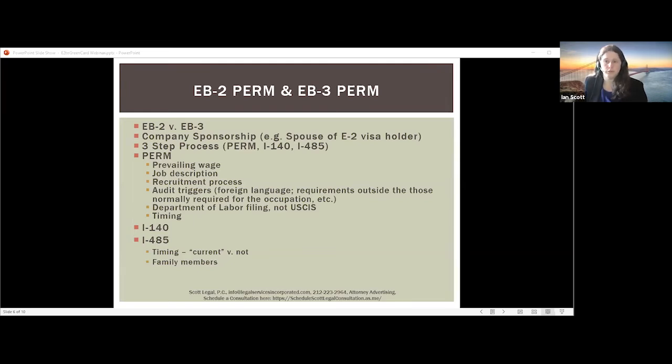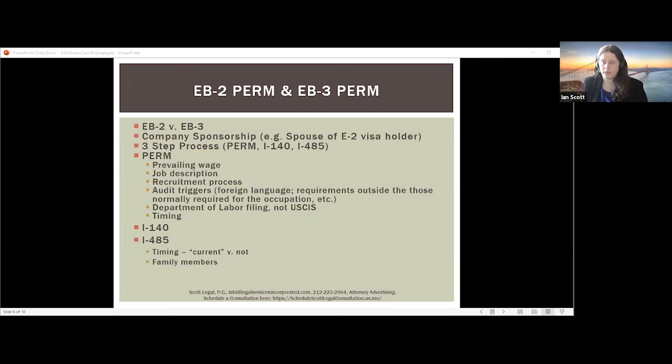They have to review the resumes that come in. They have to interview people who appear to be qualified. And at the end, they have to prepare a recruitment report that explains exactly what steps they took and that they really conducted recruitment in good faith to test the US labor market to determine if there were any willing, qualified, and available US workers for this particular position.